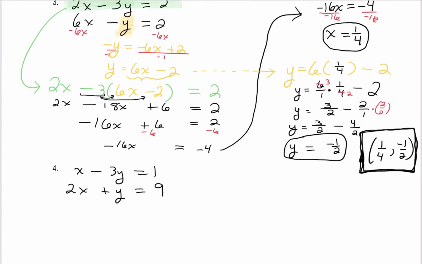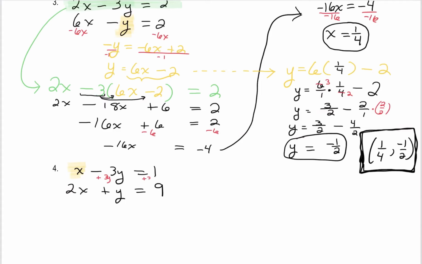All right, well, I think we're back to 2 different good choices to first isolate for. Last time we isolated for a y, so just to change it up, let's isolate for the x this time in the first equation. Either the first x or the second y would both be good choices here.